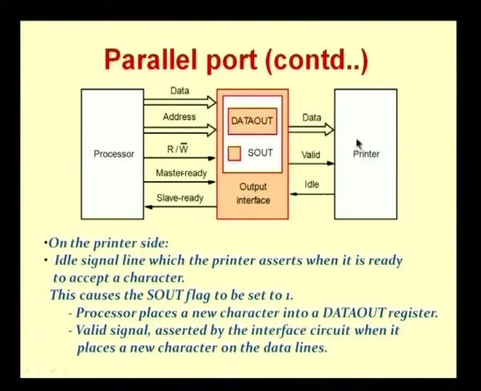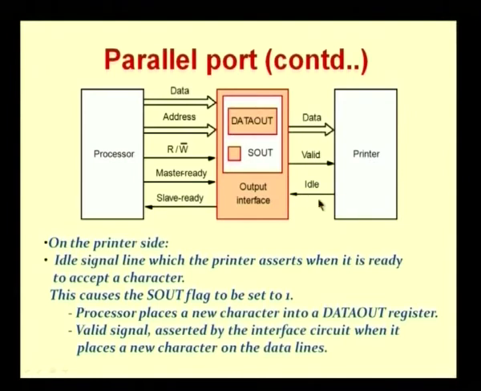Remember, we should not overload the printer. So, this idle signal is used as a handshake between the printer and the output interface. The printer will assert the idle signal when it is ready to accept a character. That is, it is saying, I am idle, therefore I can now accept one character to be printed.